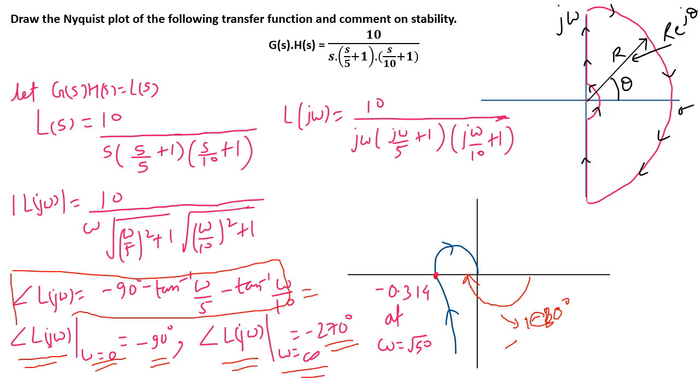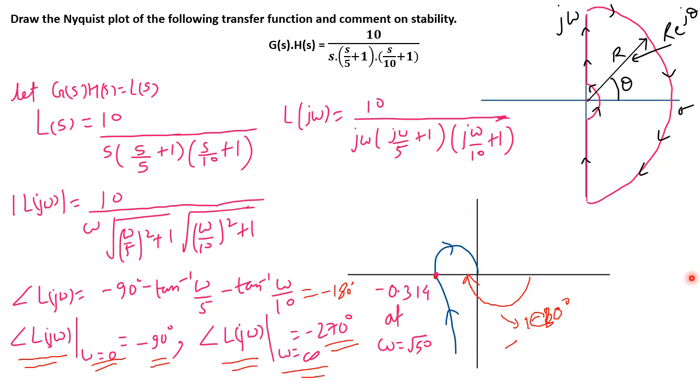When you equate it to minus 180 degrees, you get omega as under root 50. And when you find the magnitude at that point, you get 0.314. So this is the point minus 0.314. Now we have plotted the polar plot.